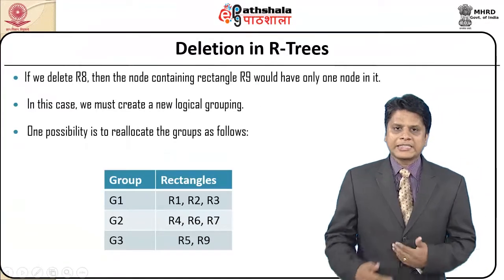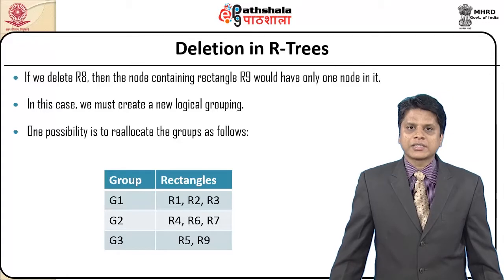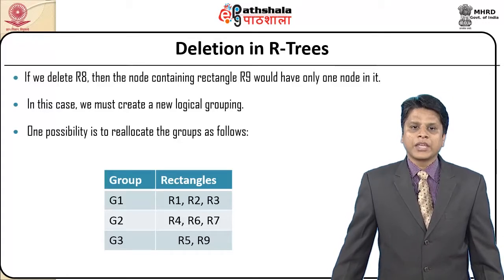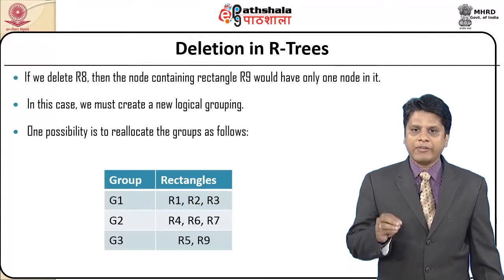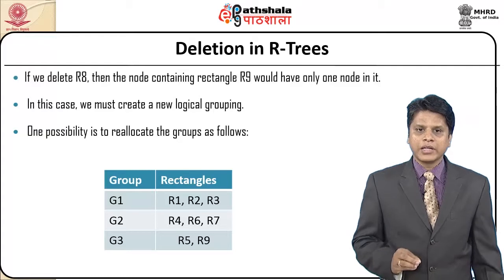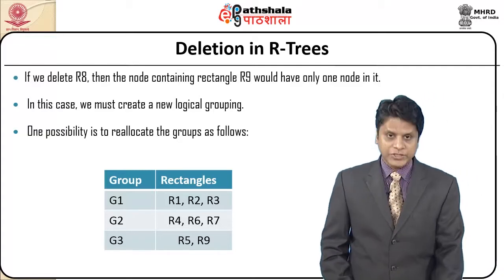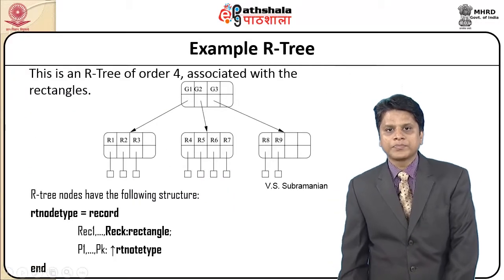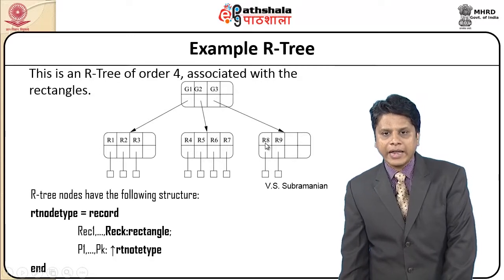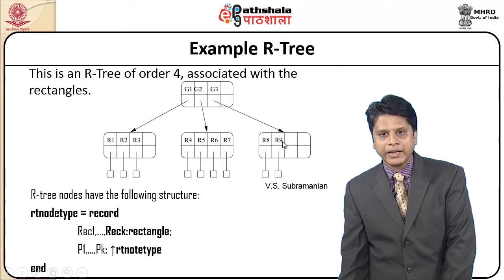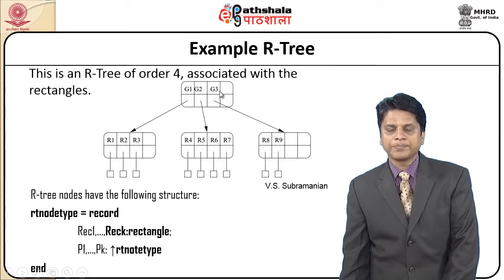So let us try to understand the procedure of deletion in these rectangular trees. If we delete R8, then the node containing rectangle R9 would have only one rectangle in it. Say in group 3 that we assumed initially, if we delete R8, then it will have only R9 associated with group 3.